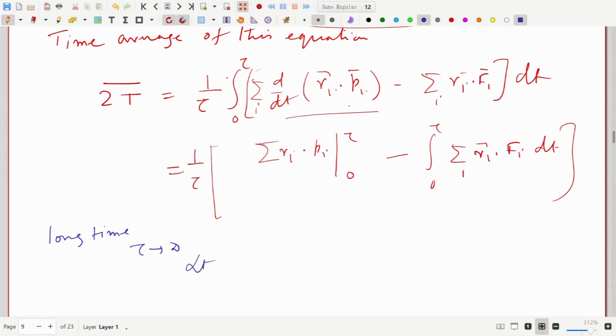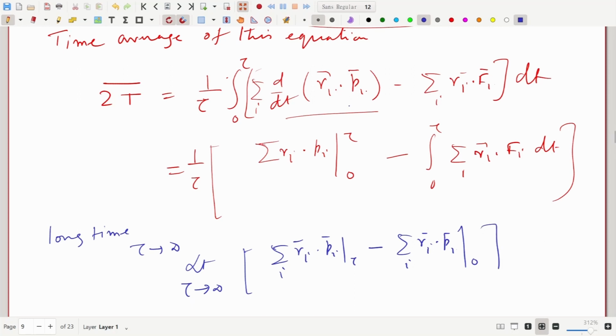So, let us consider the limit tau going to infinity of the sum over i of ri dot pi at tau, minus the sum over i of ri dot pi at 0, and the other quantity I have is 1 over tau times the integration from 0 to tau of the sum over i of ri dot Fi dt.